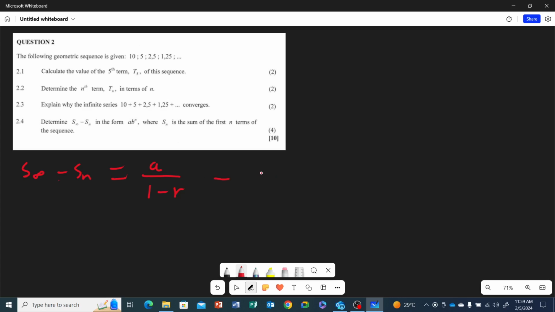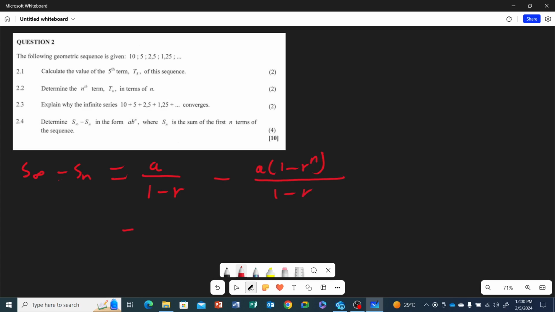Okay, so now we take this subtraction on the equation, we put it back there. The sum of the first n terms is given by a into 1 minus r to the power n divided by 1 minus r. So now we need to substitute.